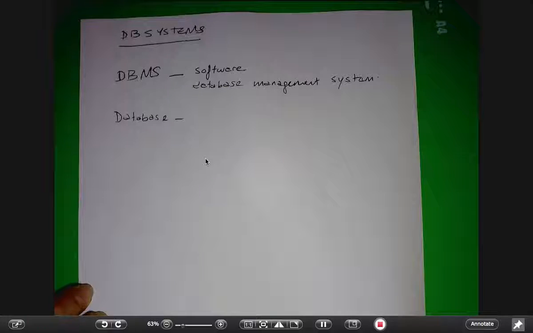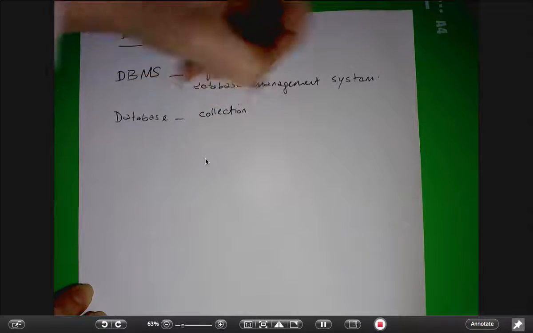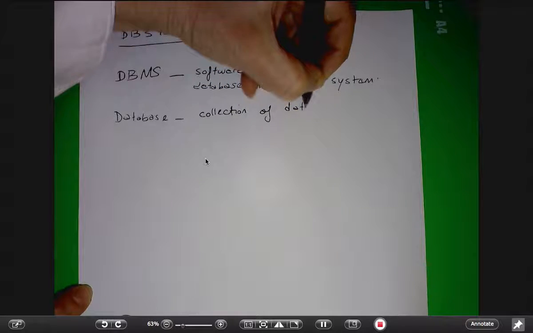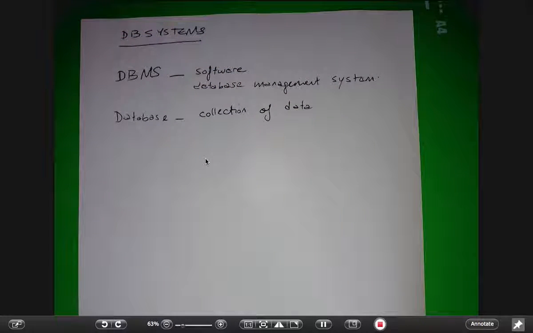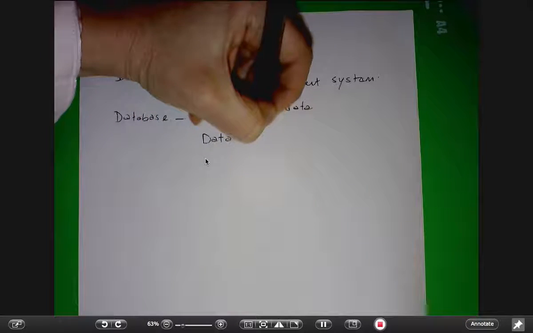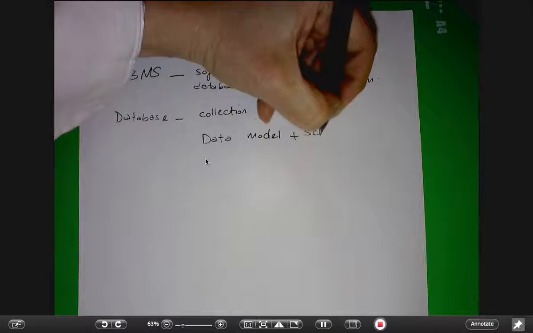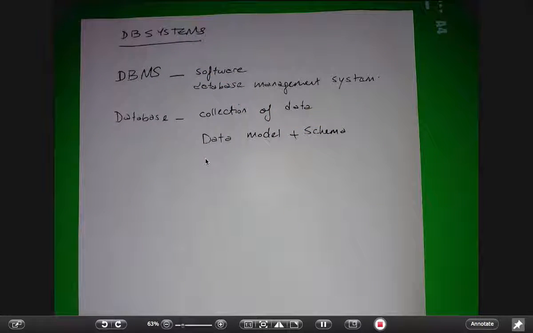So a database is going to be a collection of data. But strictly speaking, when we say database, we mean two things. One, we talk about the data model or the schema of data, meaning what are the rules of how I should store my data.